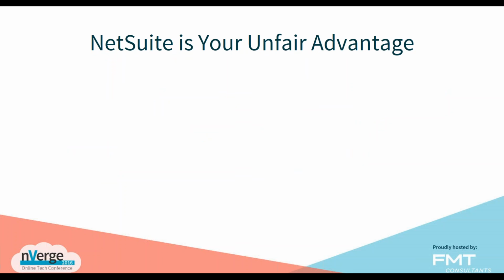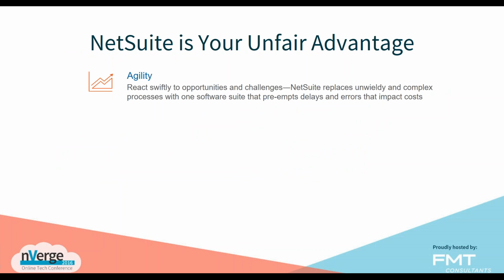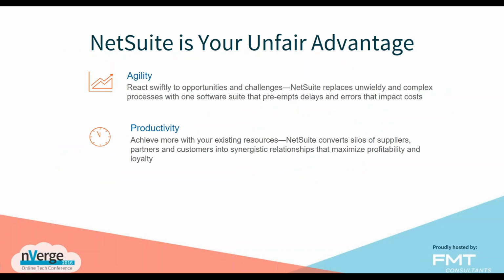So coming back to the idea that NetSuite is your unfair advantage: agility. You can react swiftly. This is real-time information. It's all in one place. You can make those decisions quickly. Productivity.